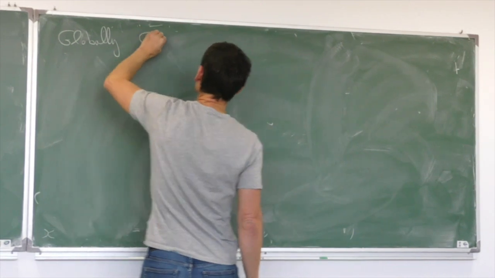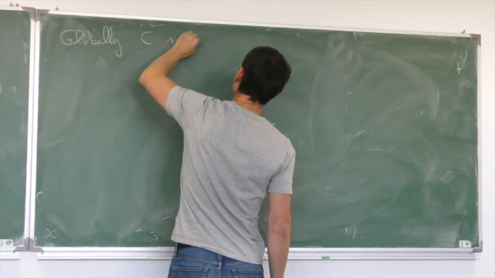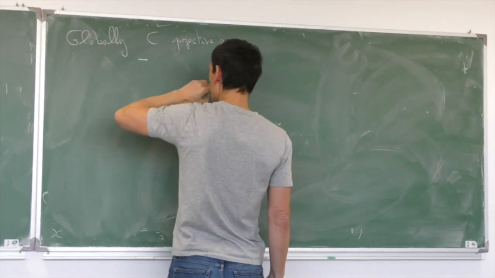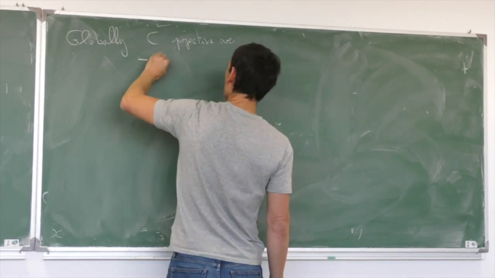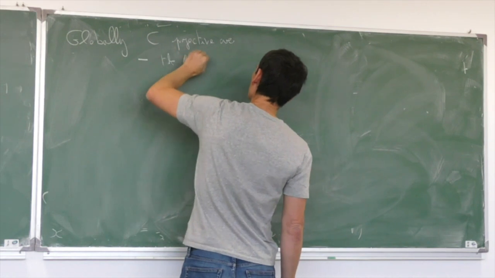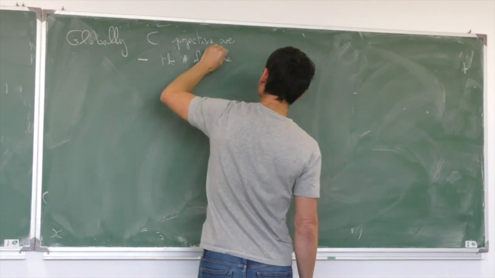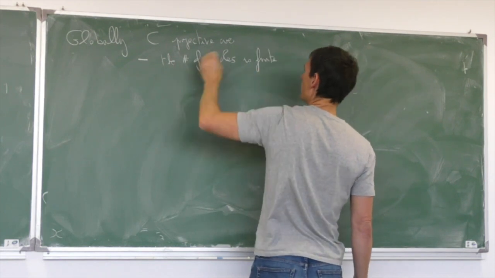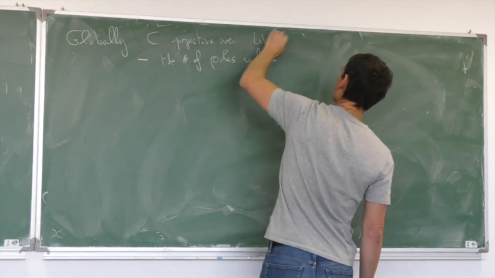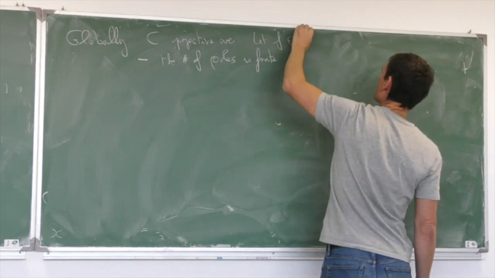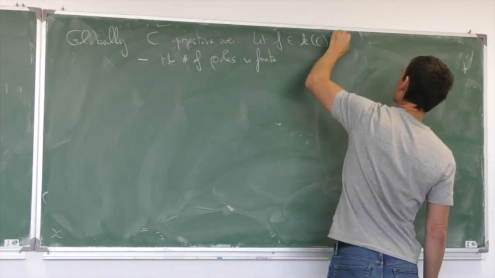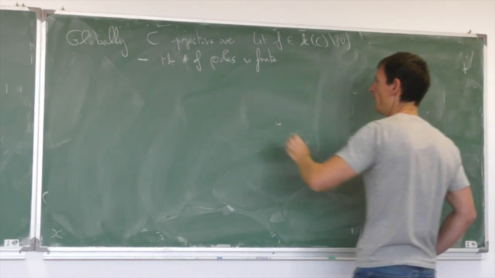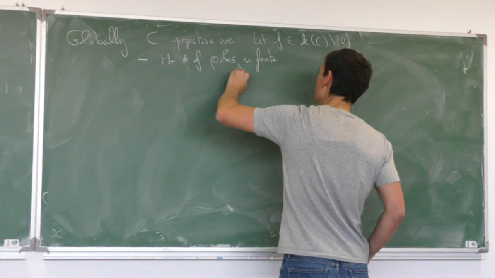So for C a projective curve, the first thing is that the number of poles is finite. Let f be a non-zero element in k(C), then the number of poles of f is finite.